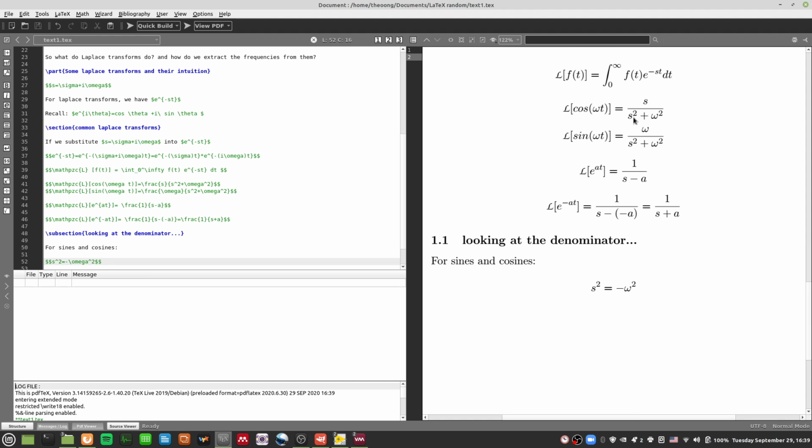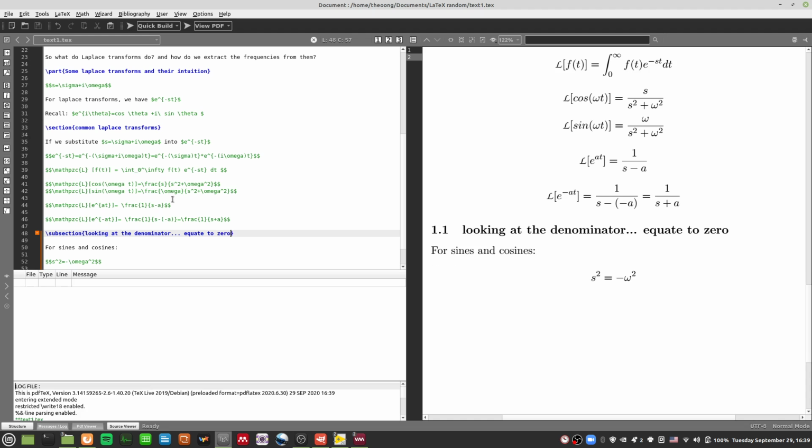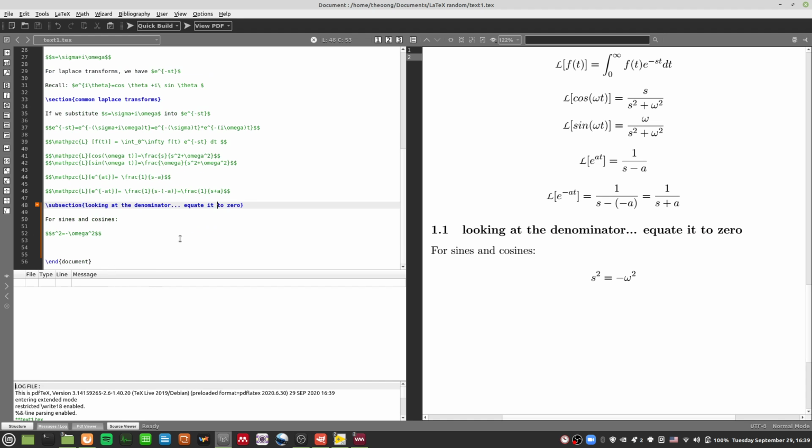This is if you equate the denominator to 0. Equate it to 0. What will you get? S squared equals minus omega squared.